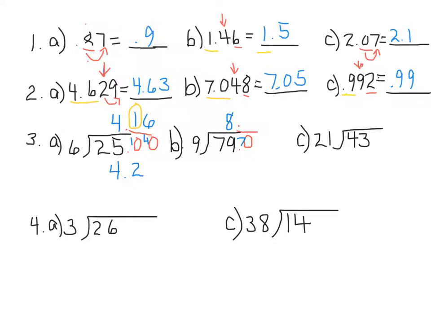So I'm going to put my 7 in front of my annexed 0. Now 9 goes into 70 seven times, and I'm going to need to annex another 0 here. So 7 times 9 is 63. 70 minus 63 is going to give me another 7. Look there.